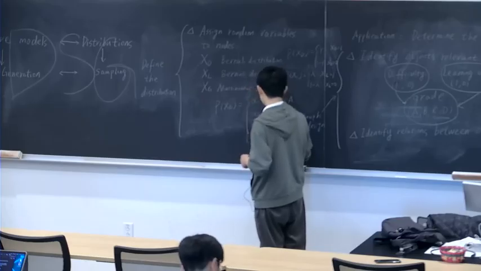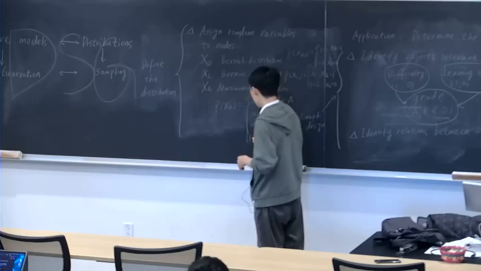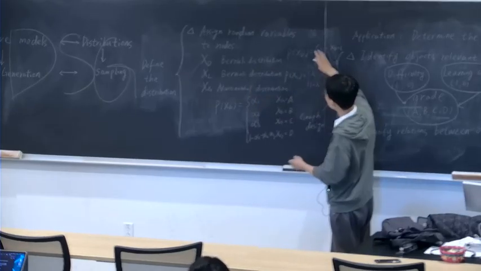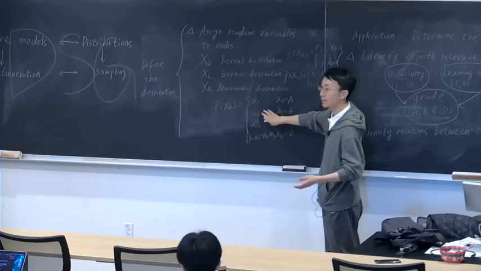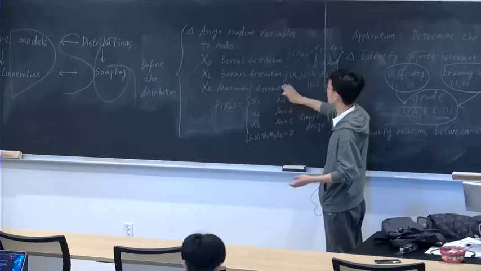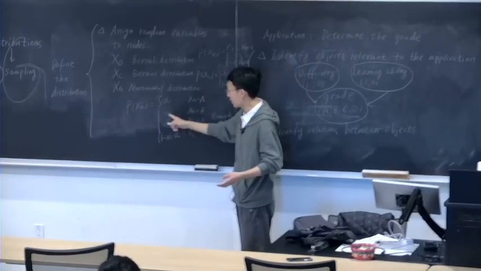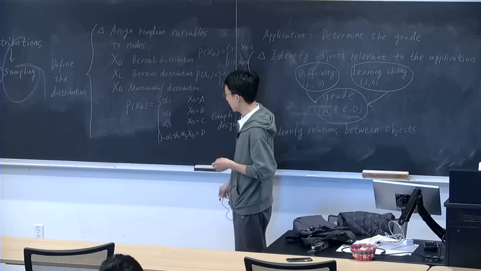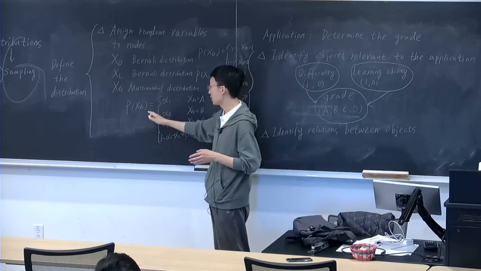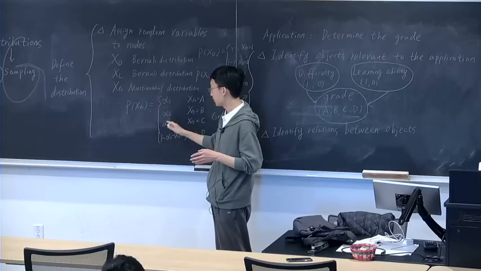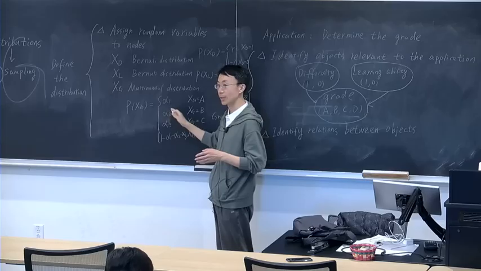And the probability that xg equals D is 1 minus alpha 1 minus alpha 2 minus alpha 3. If you compare this distribution and this one, they are very similar. The only difference is here you have 2 variables, here you have 4 variables. Alpha 1, alpha 2, and alpha 3 are the parameters of this distribution. They are all numbers between 0 and 1.